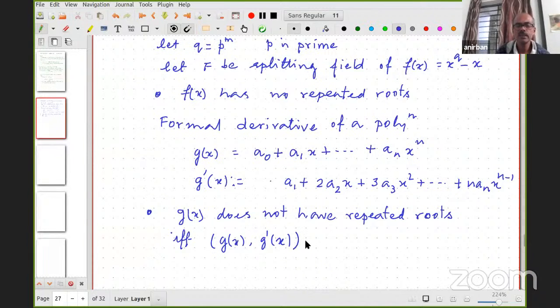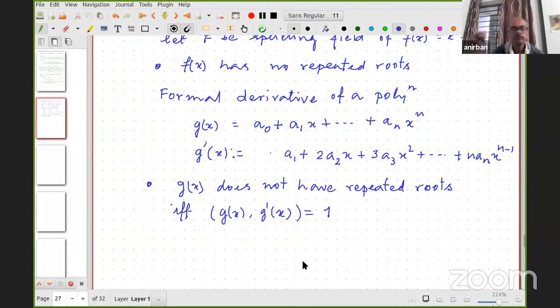So the GCD is 1. And that's the case here.